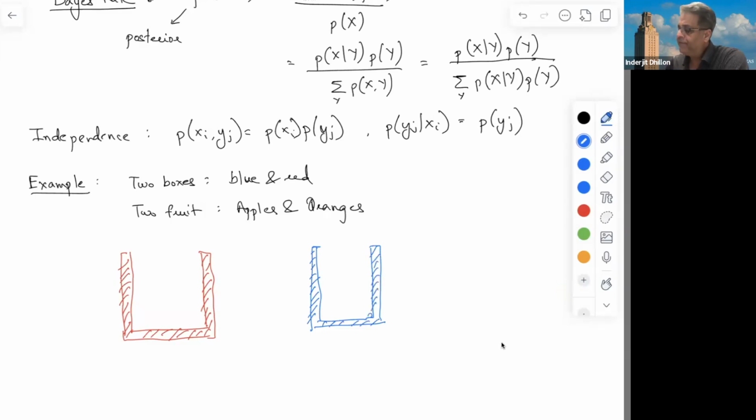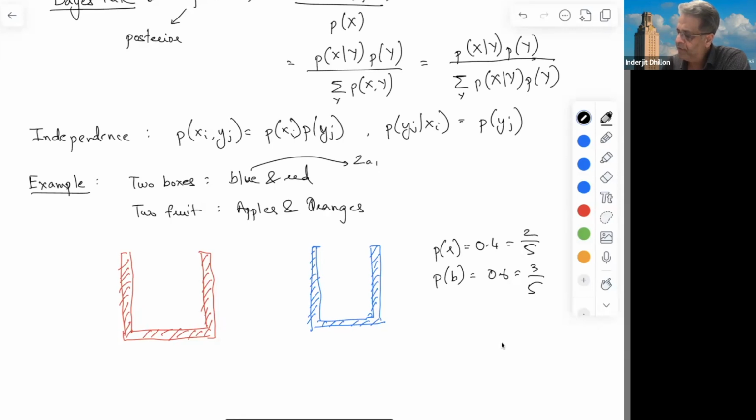Suppose we are given that the probability of choosing the red is 0.4, which is 2 divided by 5, and the probability of choosing the blue box is 0.6. The probabilities should sum up to 1. So this is 3/5.